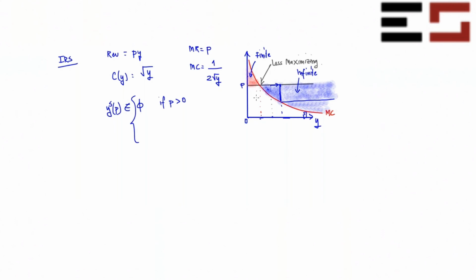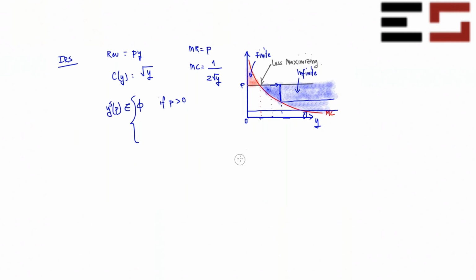So as long as P is positive, no matter how small P is, you'll always be able to find a point beyond which you can make infinite profits. Is that okay? That is why for any P positive, there is no solution to this problem.